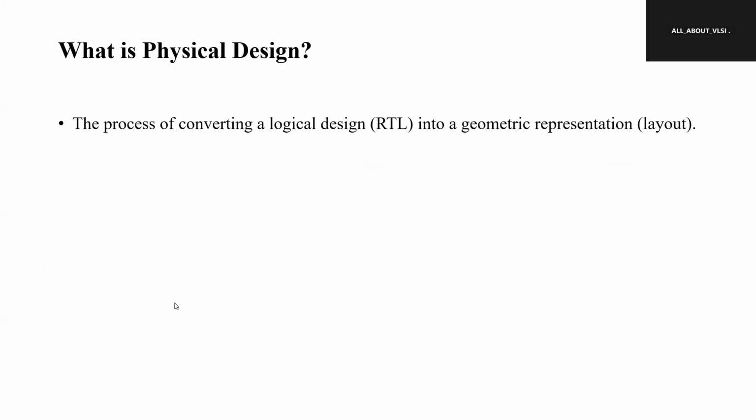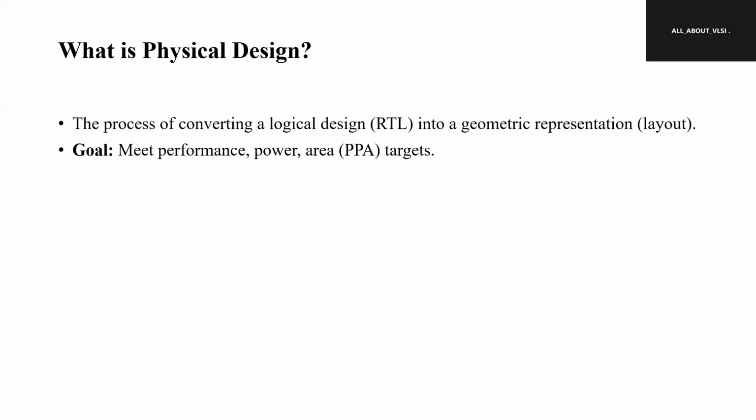And after that, what are the goals? Why are we doing physical design? If you are going to do any particular work, we will definitely think about what the output, the outcome of that work is, right? So before doing physical design, we have some goals.